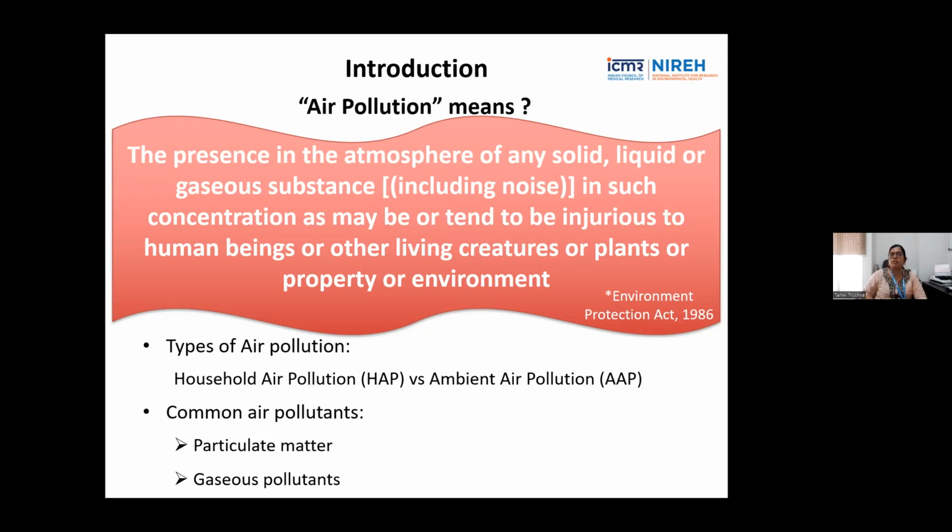If you note here, an important concept is that noise is also included under the definition of air pollution by the EPA. Now, there can be various types of air pollution. I'm sure all of you paid attention in Sir's slides previously, where he mentioned how household air pollution is an issue affecting developing countries. And we also have the issue of ambient air pollution.